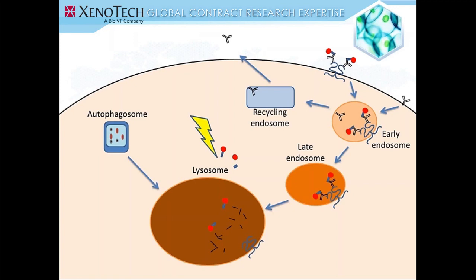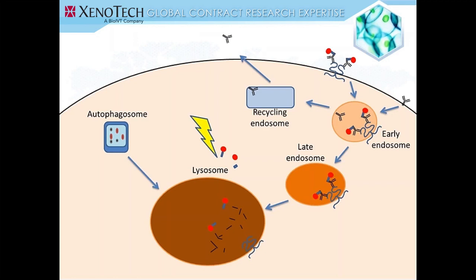If it is destined for degradation, that early endosome then fuses with a late endosome, and there's a pH drop. The pH drop is one of the unique characteristics of the lysosomal pathway. Once that late endosome continues down the pathway, that complex and cargo is then shuttled to the lysosome where it fuses, and there's another pH drop.